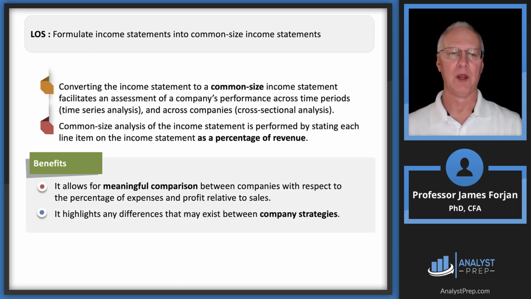And so, what we want to do is put a common size income statement, which says something like, okay, Nike has cost of goods sold that is, let's say, 75% of revenues, and Under Armour might have 62%. Well, the common size income statement will be able to make comparisons across both time periods and across companies.